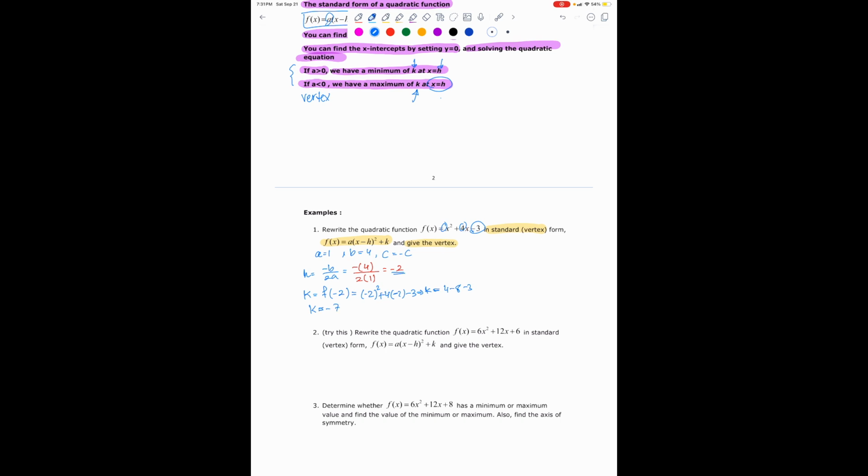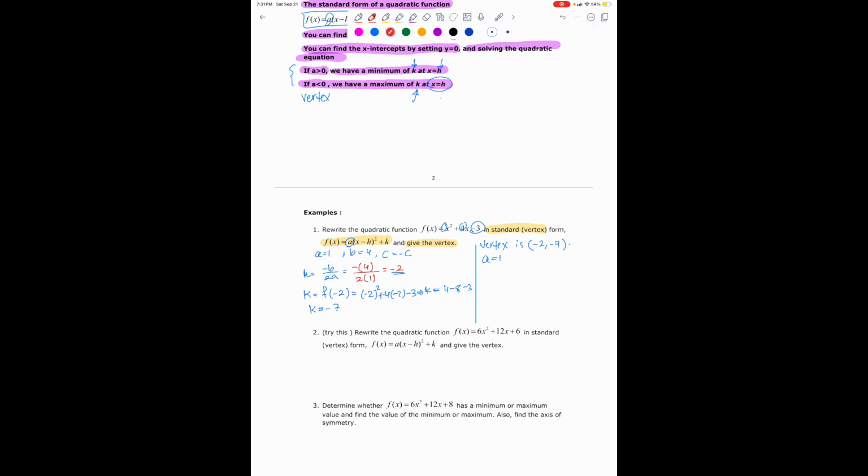So that is the vertex. I can say that the vertex is equal to h, which is negative 2, and negative 7, k. Now, I know that a, the leading coefficient, is equal to 1, so I do not need to solve for that.